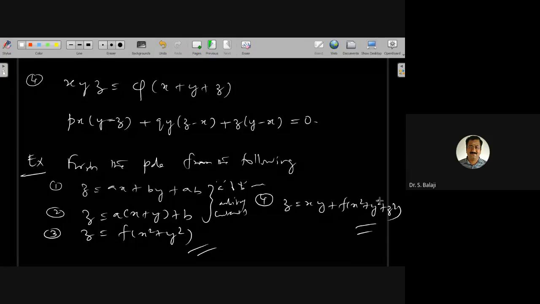After completing the previous problem, all of you try these four problems. All are simple problems only. Form the partial differential equation from the following.